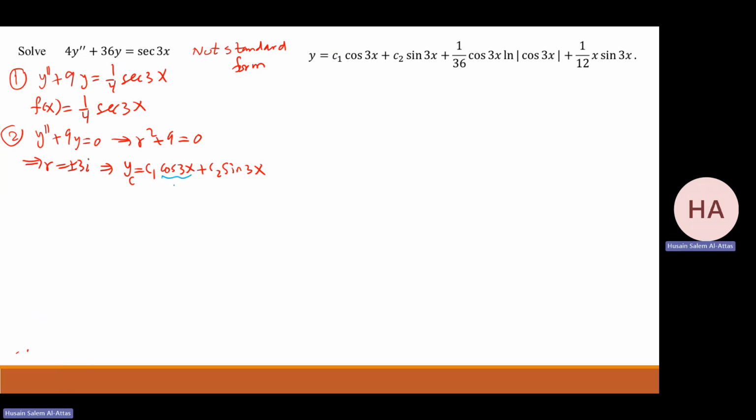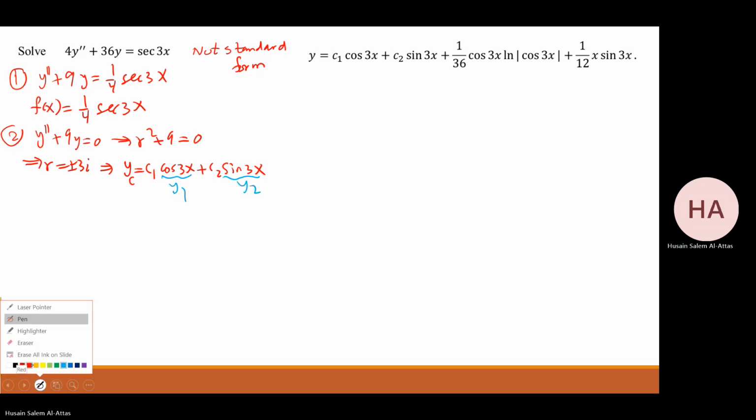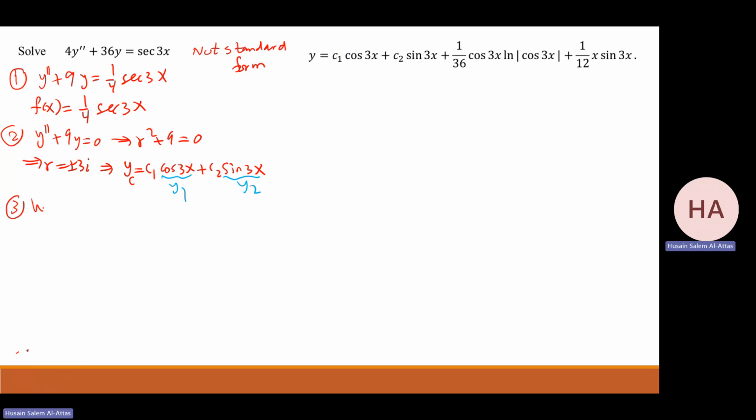This is y1. This is y2. Now we'll move to the third step. I'll find the Wronskian of y1, y2. That will be what? Cosine 3x and sine 3x.